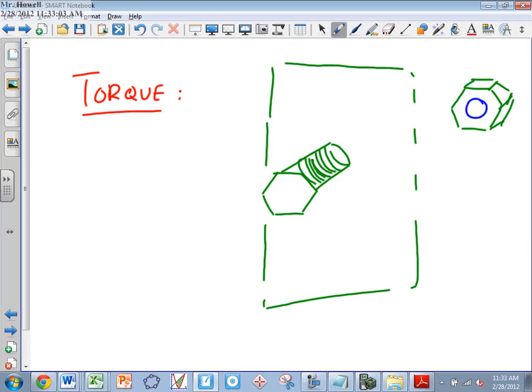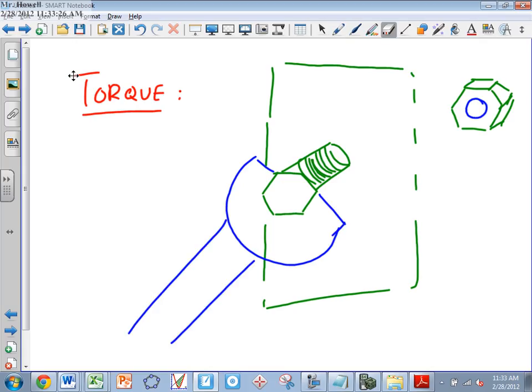If you had the nut on the other side of the sheet metal and the bolt on one side, you want to tighten it. So you take a wrench that is in the exact shape of a hexagon. You put it on the side of it. For this one, your wrench would look like this. I know this is a very large wrench. It wouldn't actually be this large, but that's what the shape of the wrench would look like. It would fit the curve perfectly.